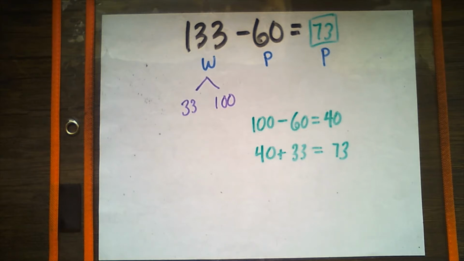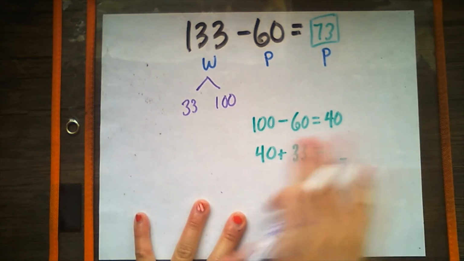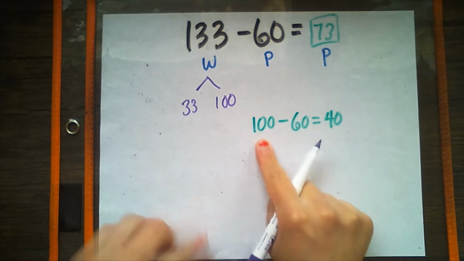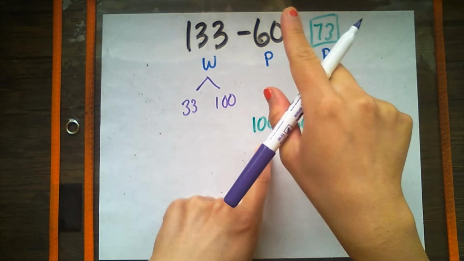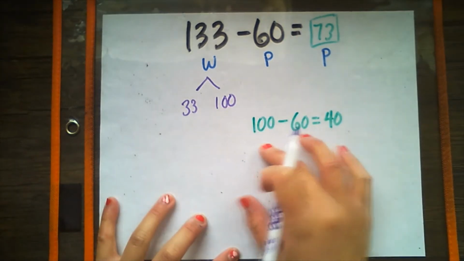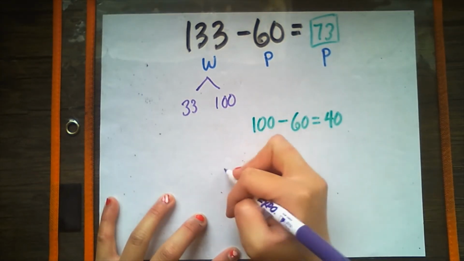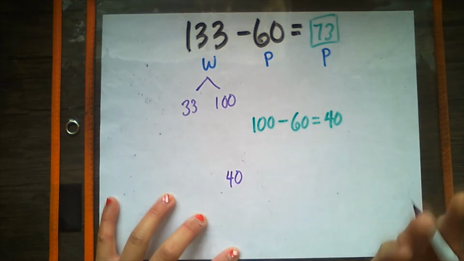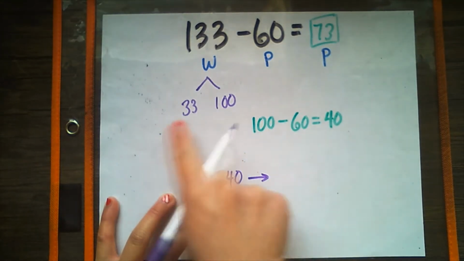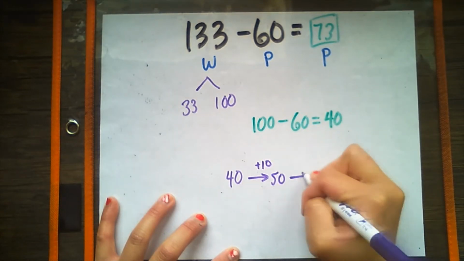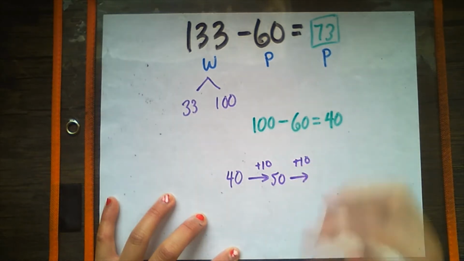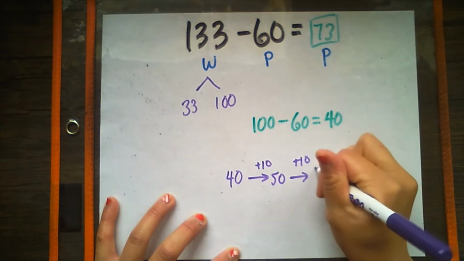And our missing part is 73. Another way you can do this, my friends, is we can backtrack. Once we take 100 out of the 133 and we subtract 60 from it, that brings us to 40. We can also begin at 40, and because we know that we have to add 33, we can add 10 to give us 50. We can add another 10. That gives us 60.